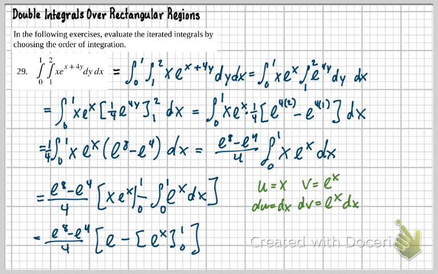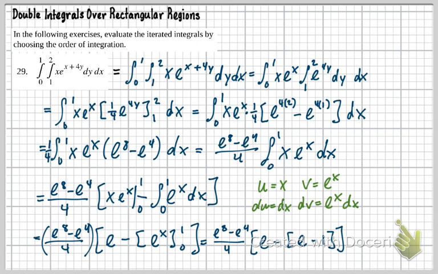So now let me keep this here too. That equals e to the 8th minus e to the 4th over 4, and this is going to be inside e minus, and then in here I get an e minus 1. And that's what I end up with.